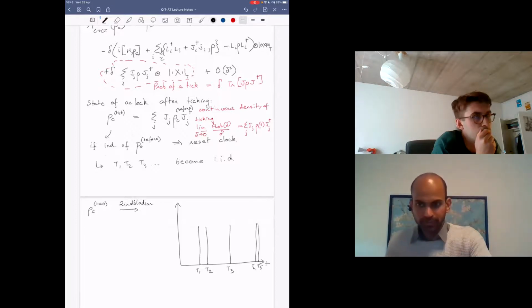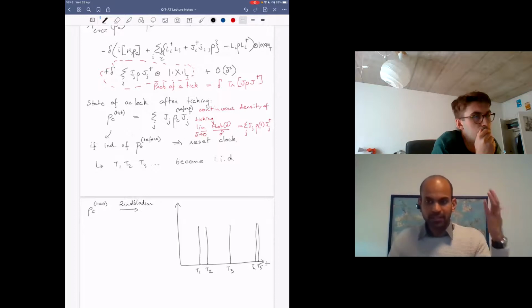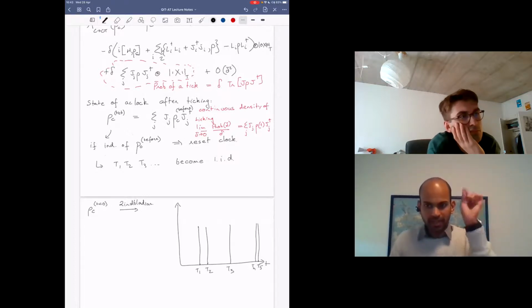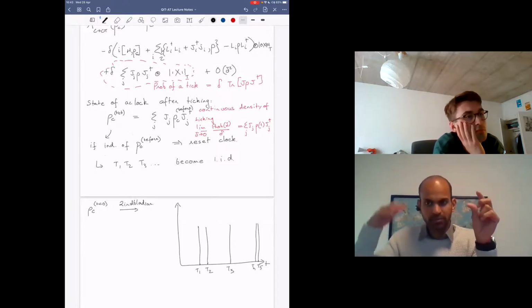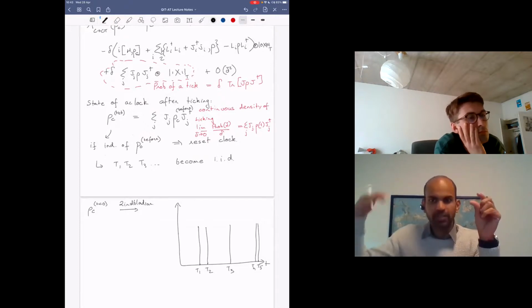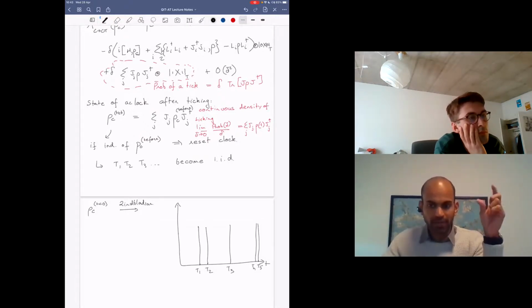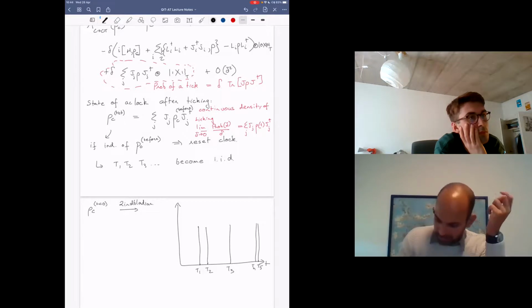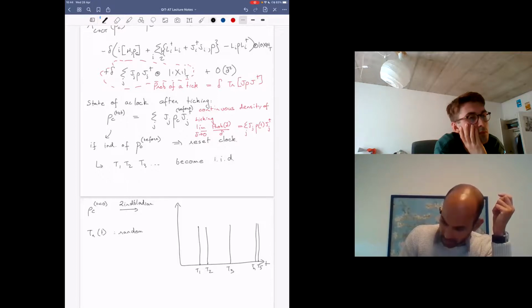So I can treat these now as random variables: the time at which I saw the first tick, the time at which I saw the second tick, the time at which I saw the third tick, and so on. Each of these is a random variable.